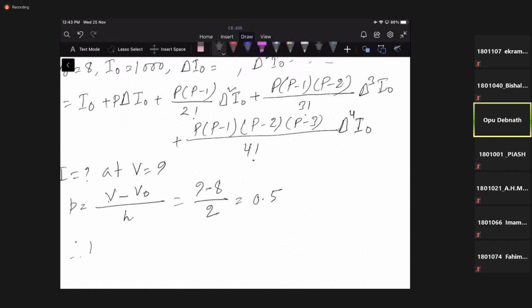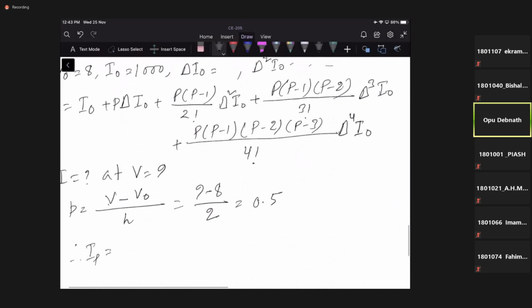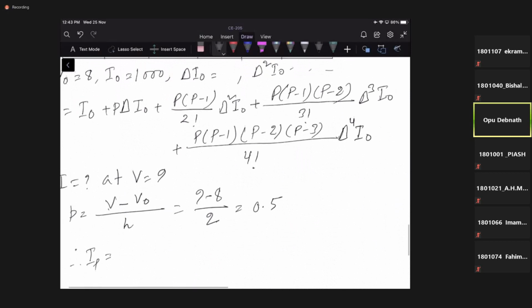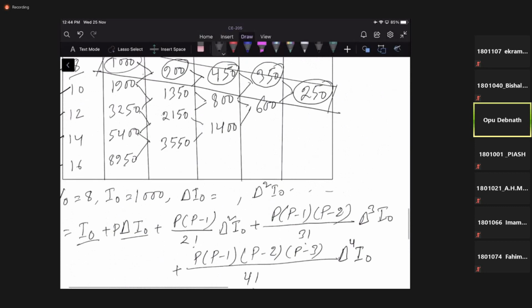So all values are known, so the required value of the current, that means I, will be I0, this is 1000, plus P, this is 0.5, multiplied by del I0 from this table.